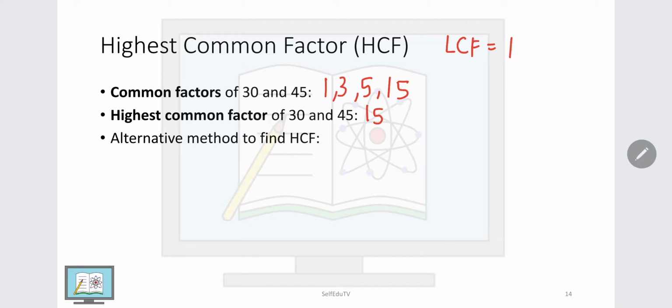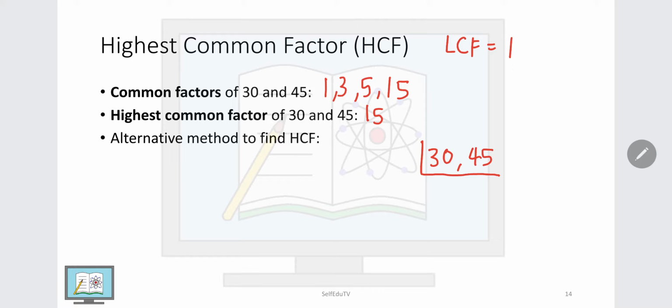The method just now to obtain the highest common factor was by listing. We list all the factors and then we pick the highest common factor. But there's an alternative method to find the HCF, which is through continuous division. So how to do that? Let's say we want to find the HCF of 30 and 45 by division. First you pick a number.